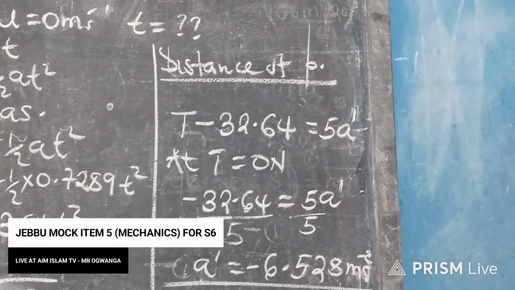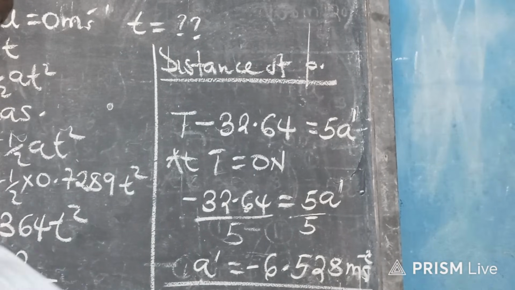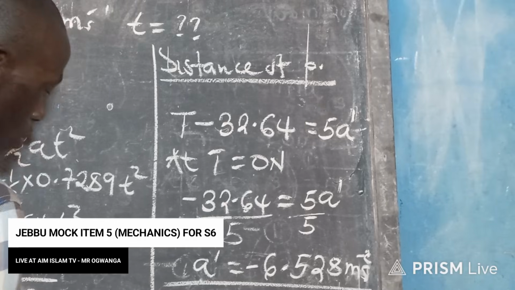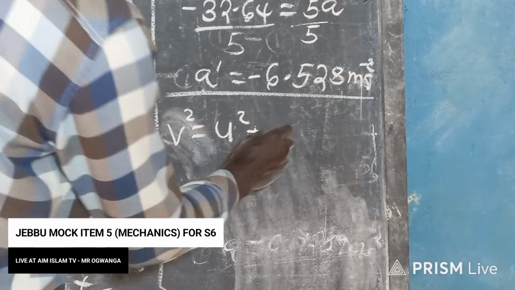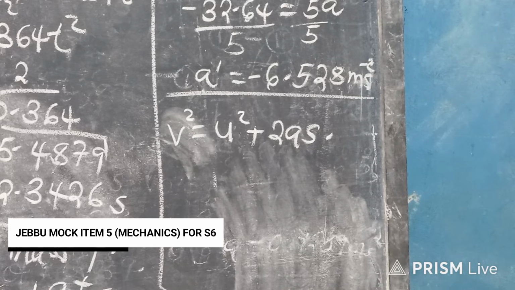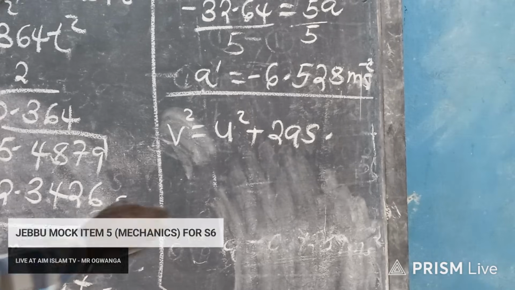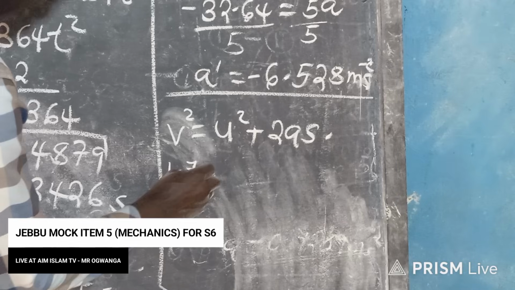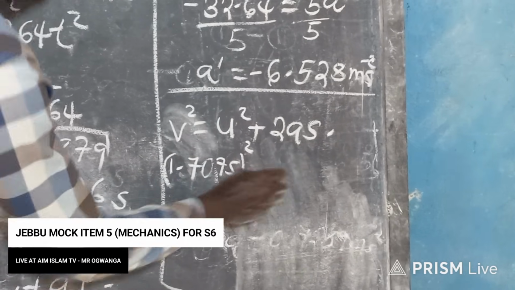So now we can go ahead and get the distance. Because I have the velocity, I'm not going to use S equals ut plus half at squared, I'm going to use V squared equals U squared plus 2AS. I have the acceleration, and also the final velocity V. So our final velocity V is 1.7075, but this one here is squared.